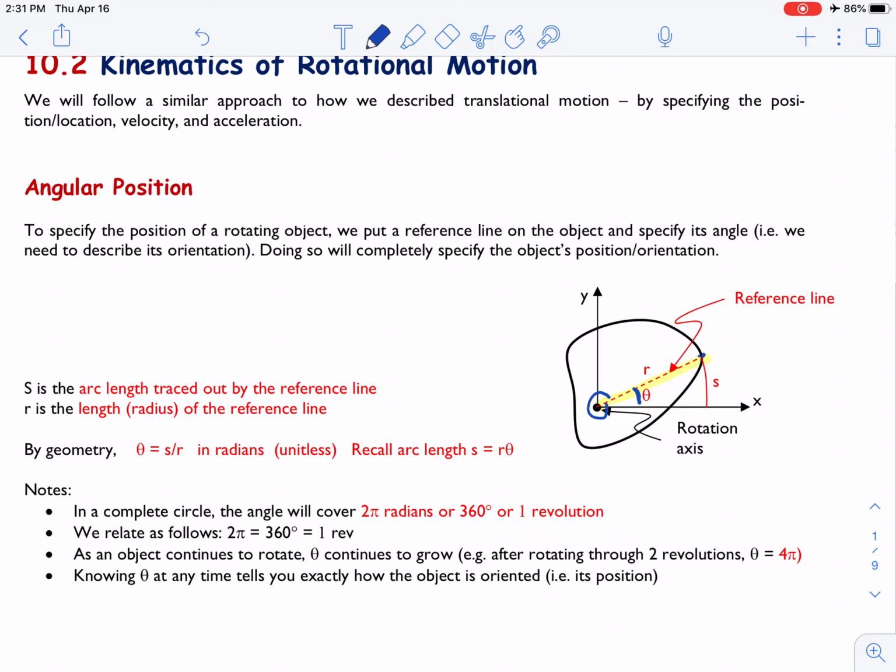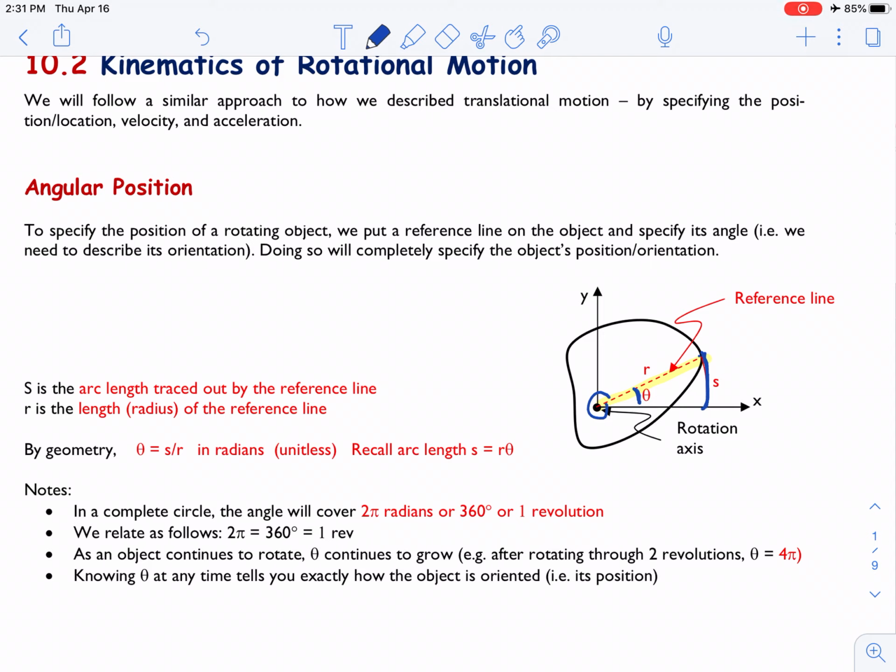Okay, so a couple of things in here. Since now we have rotational motion, we need to understand rotational parameters. S here is the arc length. Okay, so you can see that when you move that object, this is not a straight line, it's like an arc, and R, the reference line, is like the radius.